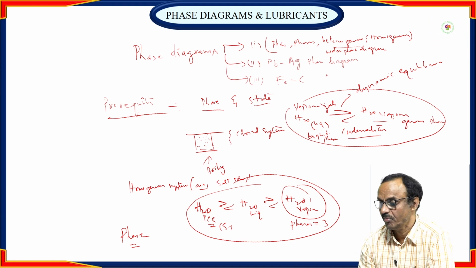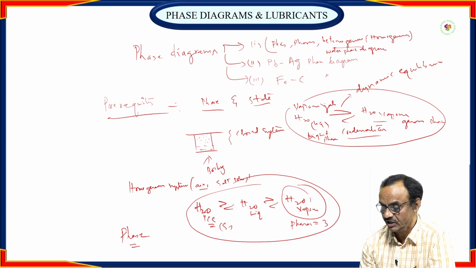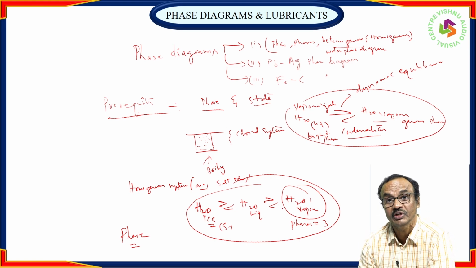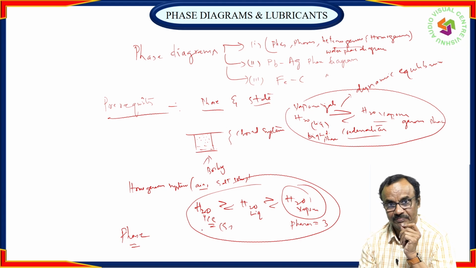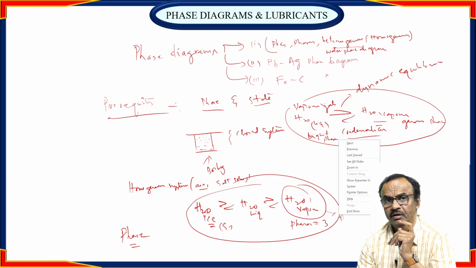At dynamic equilibrium, in a closed system, how many phases are there? Here, how many phases inside the thermos flask? 1, 2, 3. Three phases. Ice is there, then vapor, like white fog, or gas form, right? And H2O liquid.